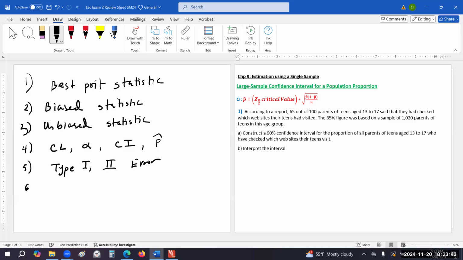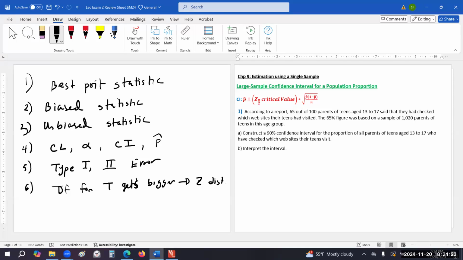Also, when the degree of freedom for T gets bigger, meaning the more degrees of freedom you have, it becomes a Z distribution. So T distribution is for smaller sample size, but if your sample size has many people, it becomes a Z distribution. I discussed that.